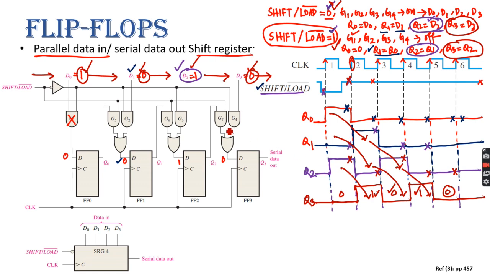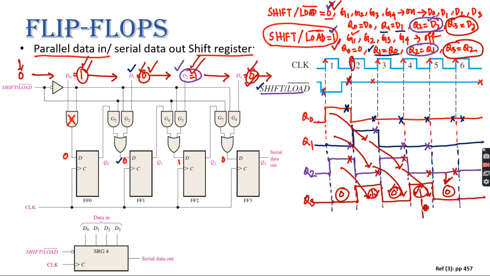Sorry, I made a mistake. This first 0 is this one. Then in the second pulse, this one is this one. Then in the third pulse, this 0 is this one, and in the last pulse, this one is this one. And since after that there is no input there, that's why in the last pulse it is 0 here.